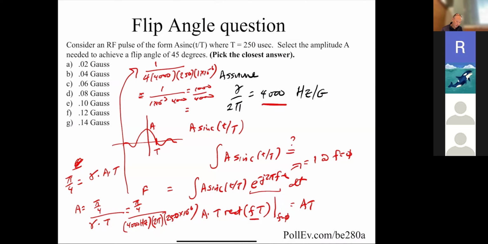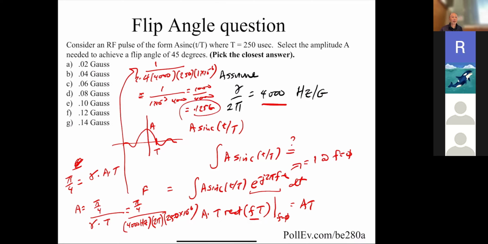Did I do my math wrong? 250 times 4 is 1,000, so I get 1 times 10 to the minus 3, and then 4,000. That would give me 1 over 4, 0.25 Gauss. Did I miss a factor of 2? Oh, there's a 2 pi. Yeah, so 0.125 Gauss.